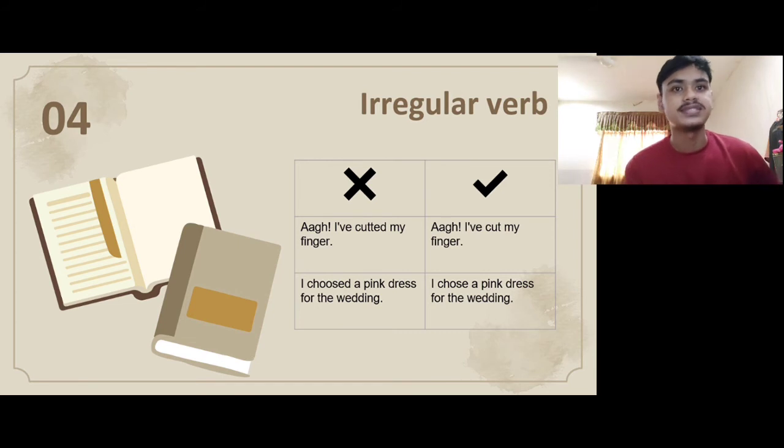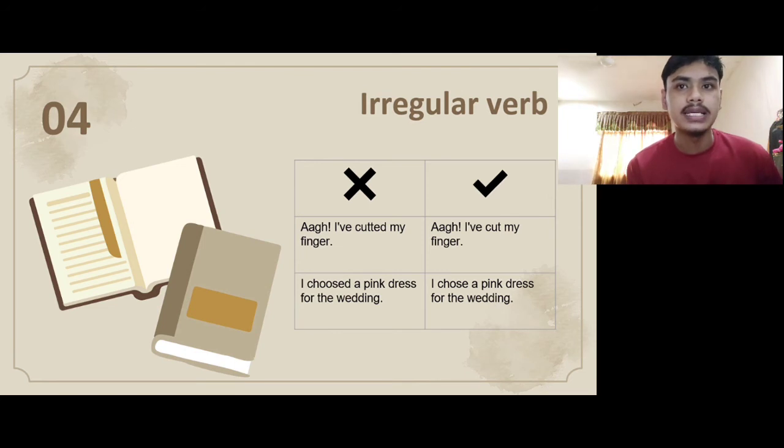Instead, you need to change the verb choose to chose to make it past tense, or chosen if you want to make it past participle form. So the correct sentence will be, "I chose a pink dress for the wedding."